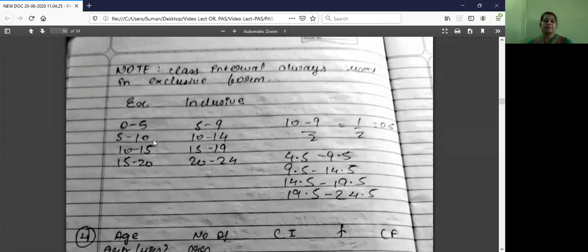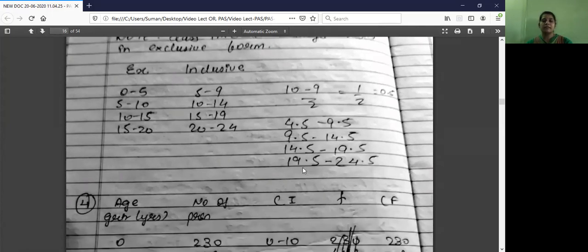So the first type is the exclusive form and this type is the inclusive form. But our questions are always based on the exclusive form, so we have to convert the inclusive form into the exclusive form. Okay, I will continue this method in our next session.